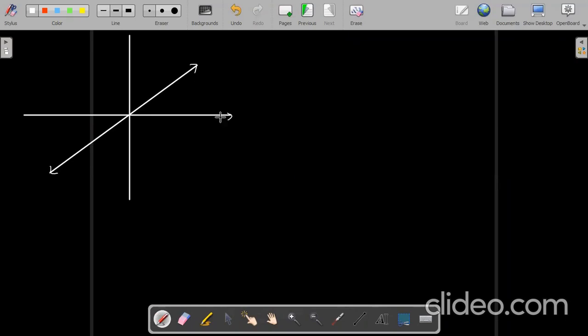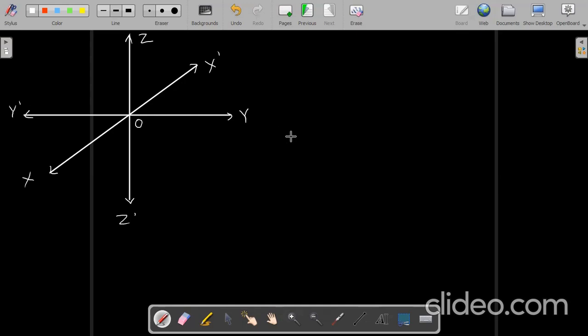So I will try to show you the octants again here. This is X O X dash, Y O Y dash, Z O Z dash.